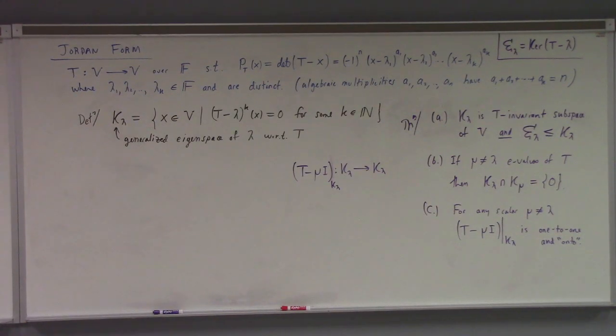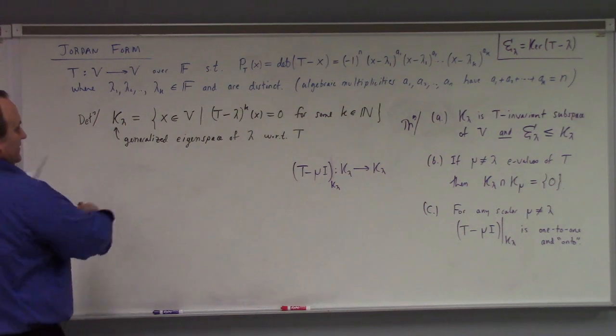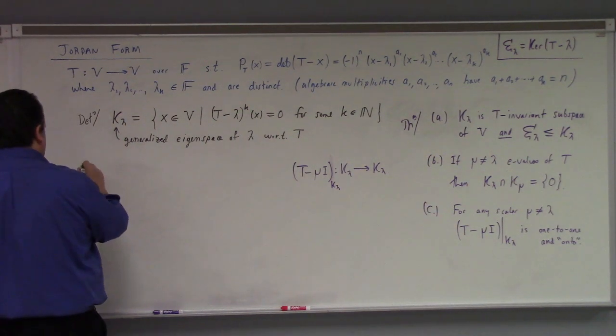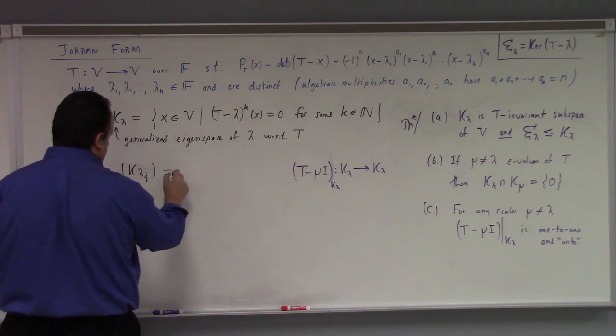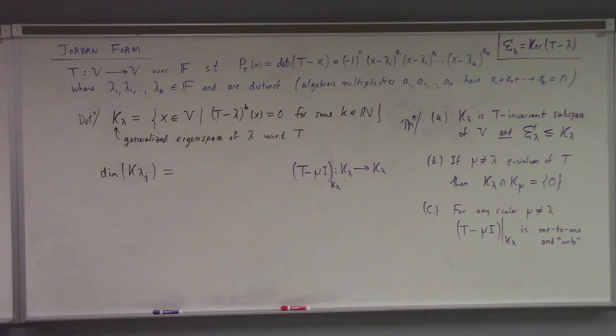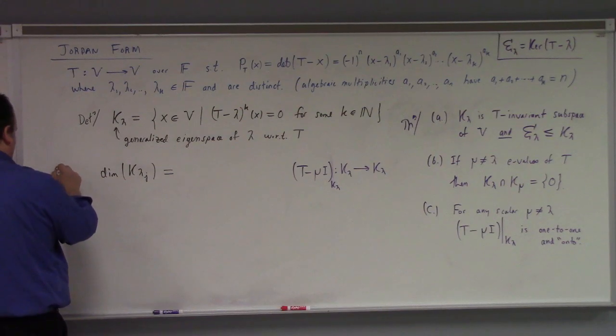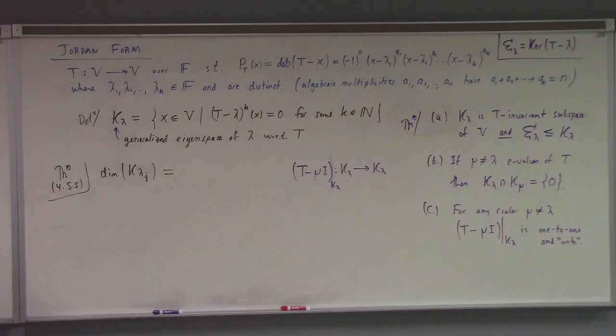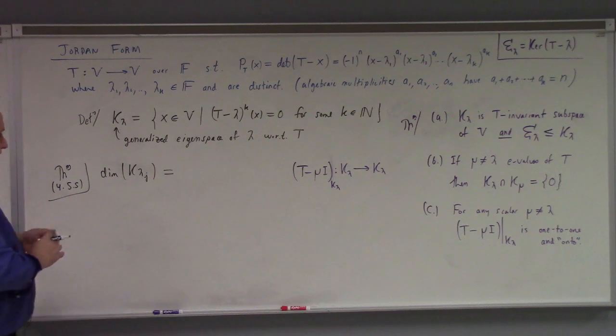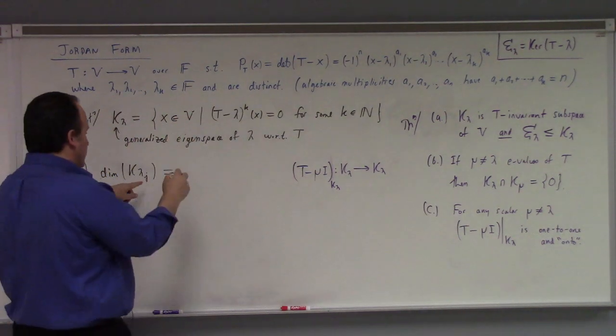Burying the lead here. The point is simply that the dimension of K lambda j is just equal to the algebraic multiplicity, like a sub j.